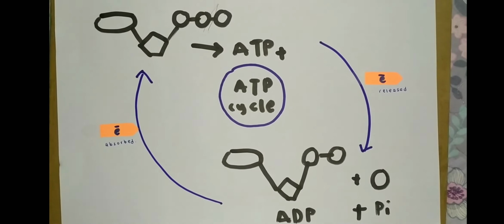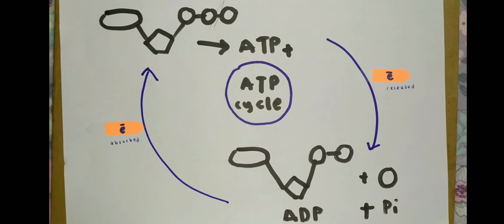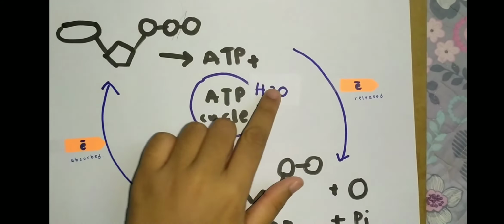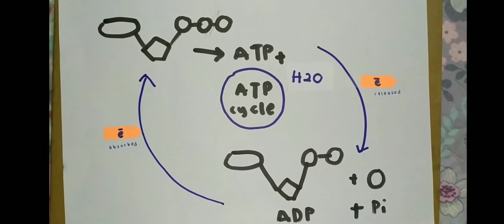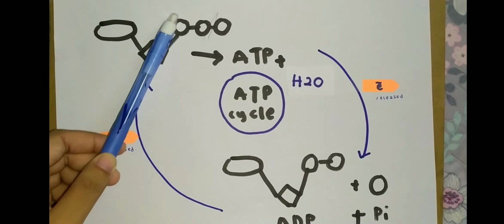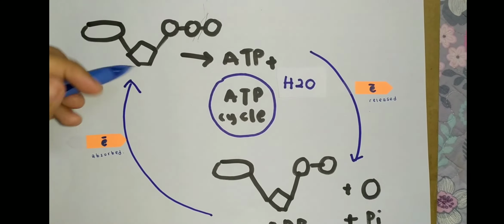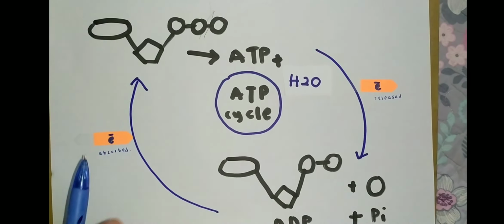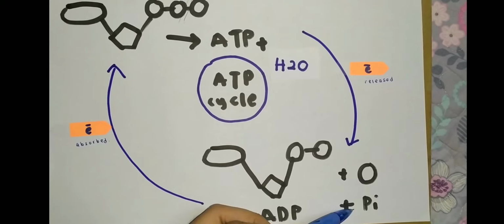So, the process starts here. When ATP reacts with water, the bond of the last phosphate will break down and produce ADP plus phosphate.